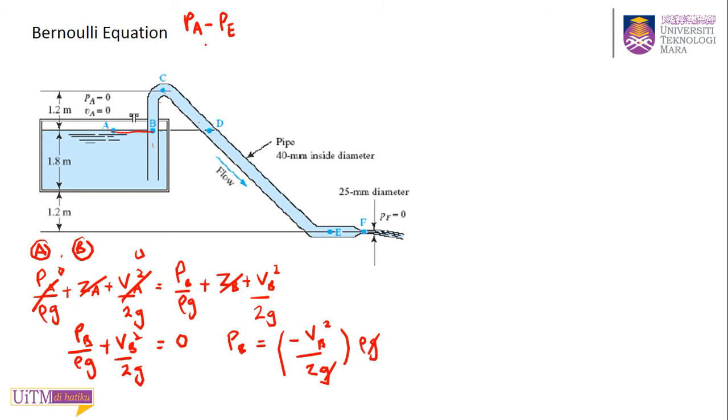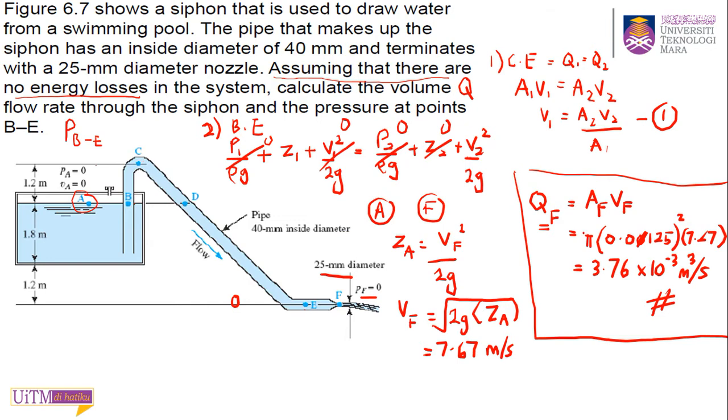With the continuity equation, we have the Q. The Q here is the same throughout, Q1 equal to Q2. You already found your Q, 3.76 times 10 to the minus 3.